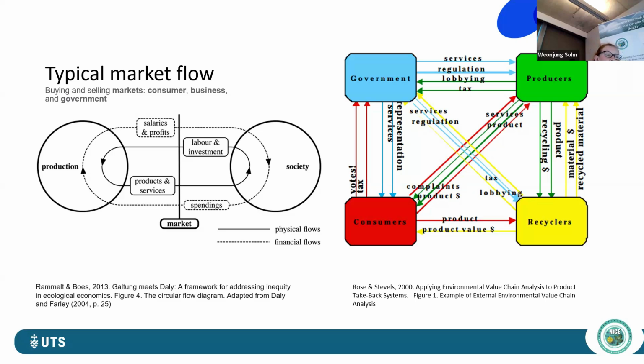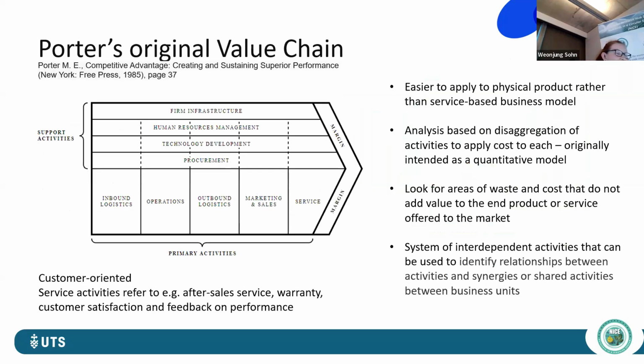At the organisational level, the chain of activities that lead to the creation of value that is then exchanged for a product or service is referred to as the value chain. That is a hint. In 1985, Harvard professor Michael Porter first published Competitive Advantage: Creating and Sustaining Superior Performance, which introduced the concept of a value chain.